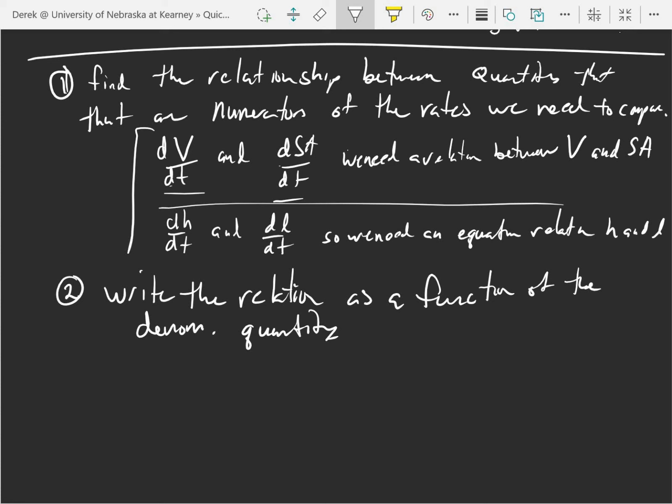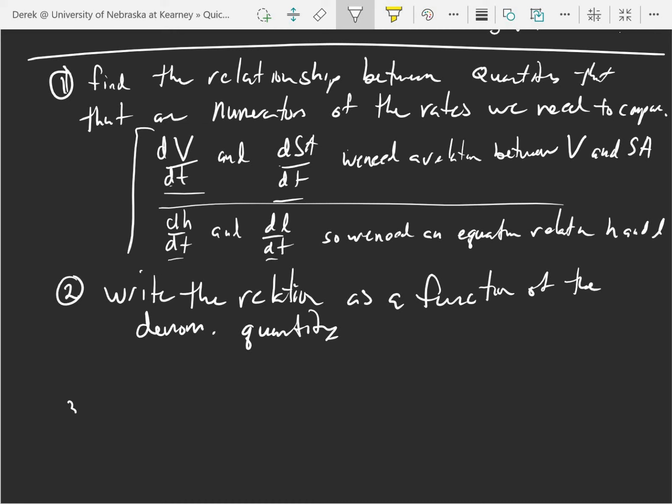Okay, so we had time as our denominators in both of them, so we had to write the functions as functions of time, like h of t squared and then L of t squared. Add those together and you get 400. That was our function as a relation of time.